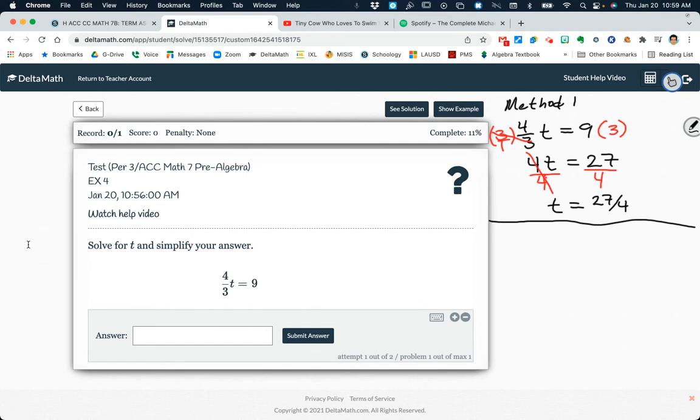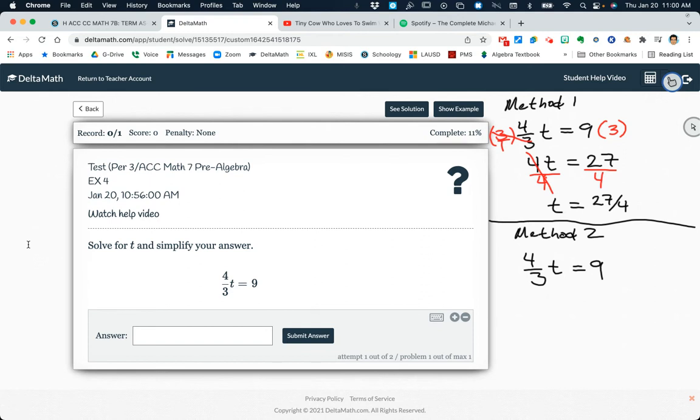Okay, method 2. Ready? 4/3 t equals 9. Write it down again. I know we're doing it twice, but this is a different method. So write it down one more time, and then you'll see whichever one you're more comfortable with.